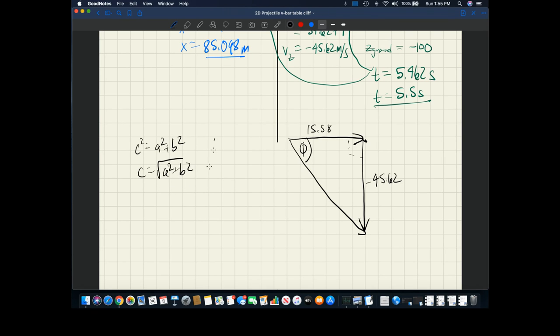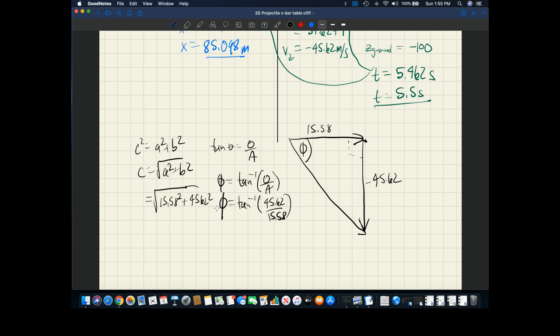And we have tan theta equals opposite over adjacent. Theta then is the inverse tangent of opposite over adjacent. And that gives us the square root of 15.58 squared plus 45.62 squared. And the inverse tangent of 45.62 over 15.58.